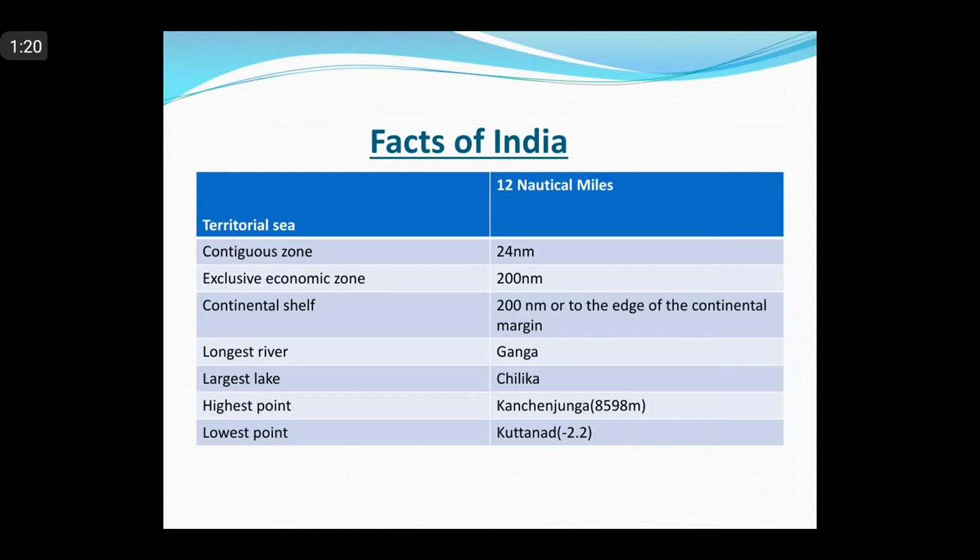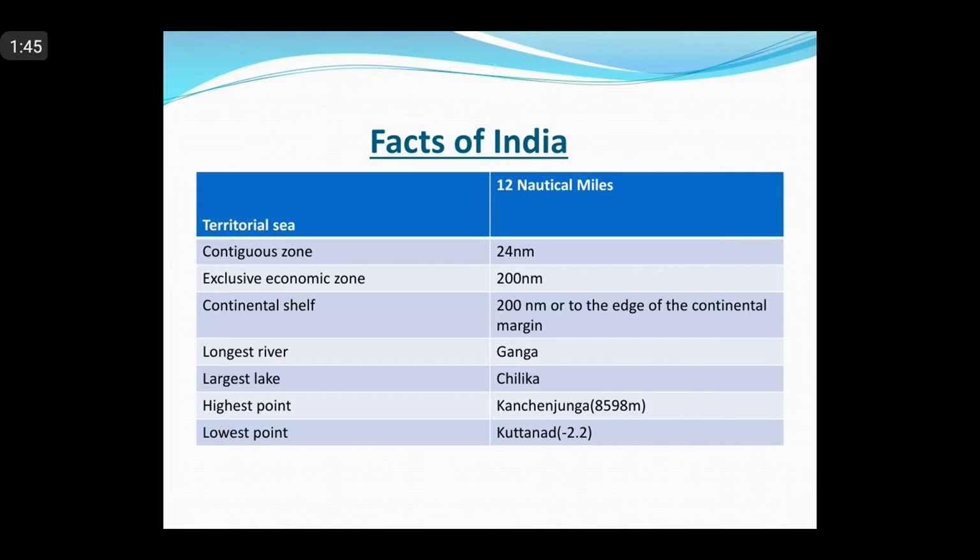Then what about the exclusive economic zone? This is an area of coastal water and seabed within a certain distance from the country's coastline to which the country claims exclusive rights for fishing, drilling and other economic activities.